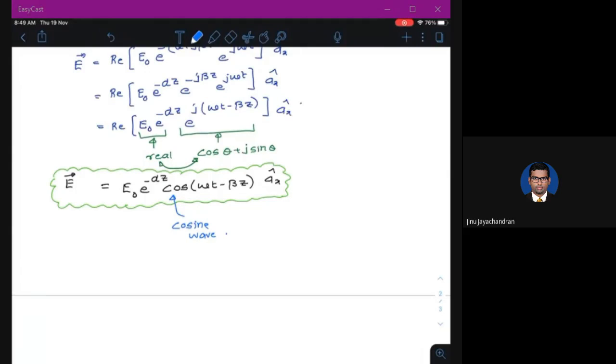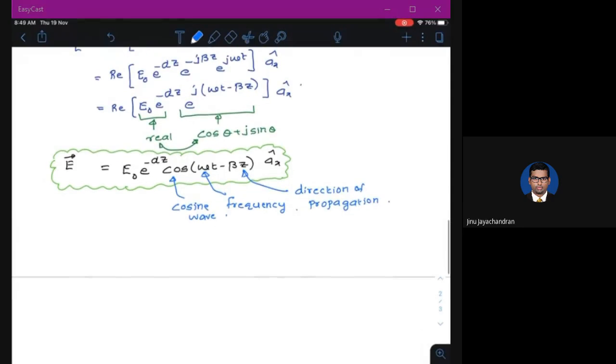And this is the frequency, which is omega. And Z is the direction of propagation.